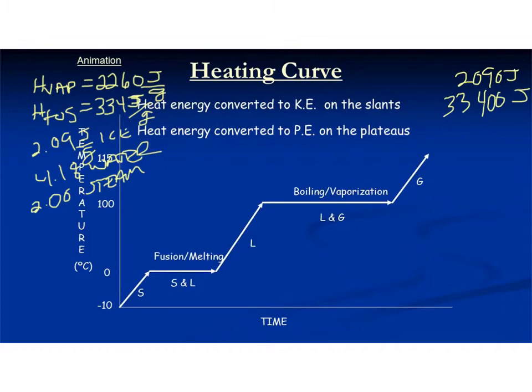And we already know the Q for that because we've heated water before. It's going to be Q equals 100 grams, and then we know that's 4.18, and then we know it's going to be 100 degrees C more. That's the delta T, because it's going from 0 to 100. Right. All right.